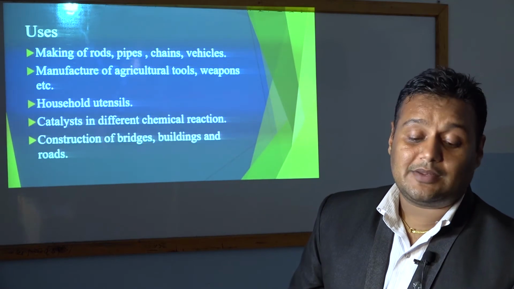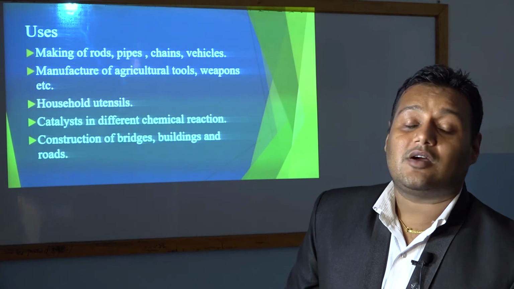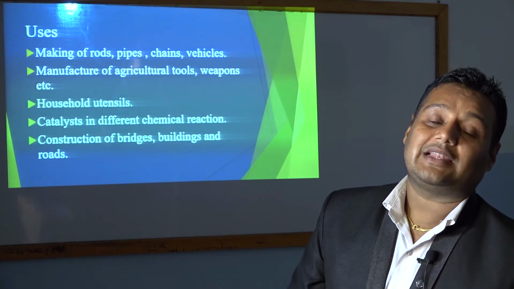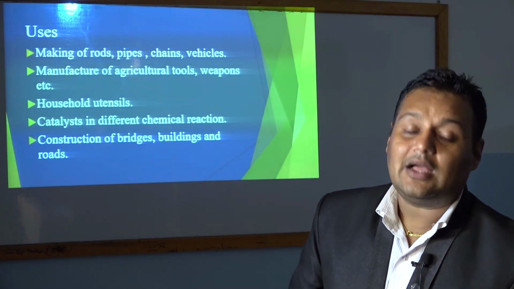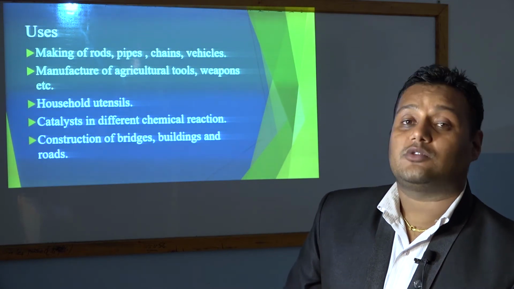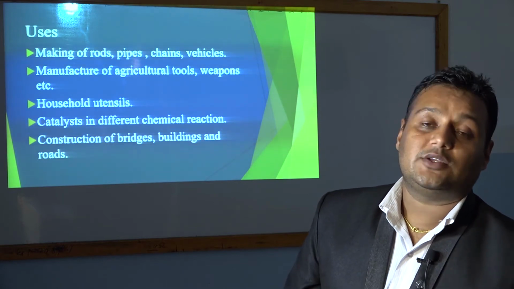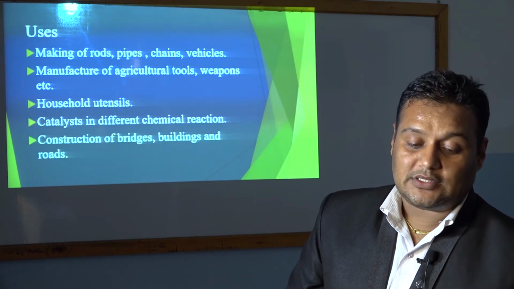It is also used in the manufacture of agricultural tools like spades, sickles, plow, and weapons like knife, tarbar, etc. It is also used in making household utensils, either purely or as an alloy.